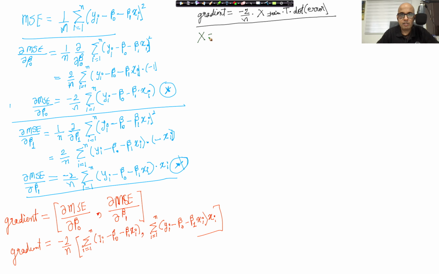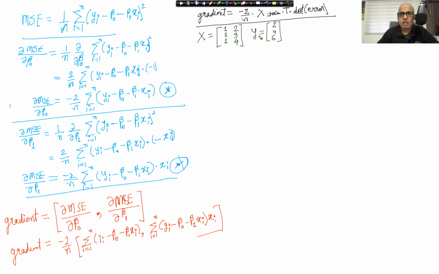We have x, which has values of 1, 1, 1. That is for the intercept, that's for the beta 0. We have put the values of the constant term there, and then we have the values of the feature, which is 2, 3, and 4. So that's our x train, and then for the target, which is y, we have 2, 4, and 6.